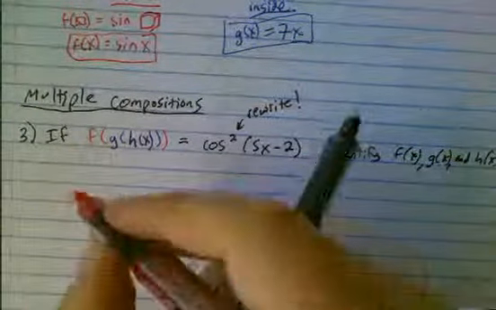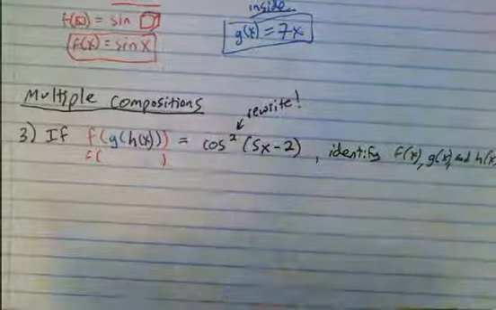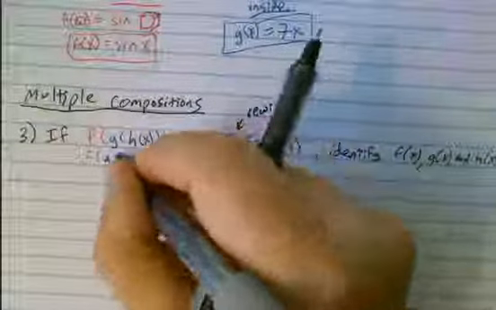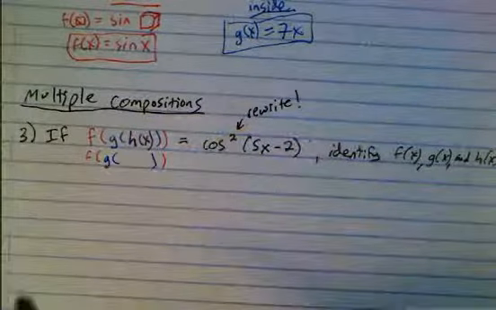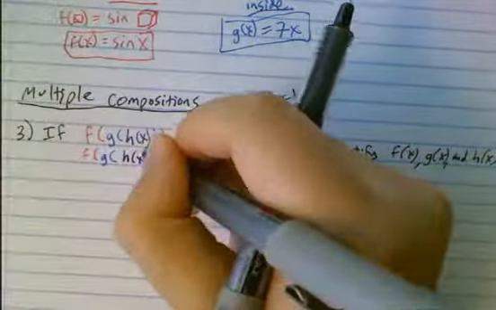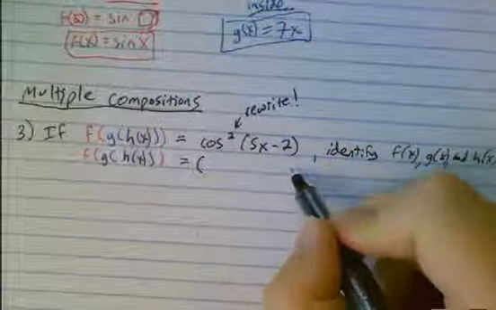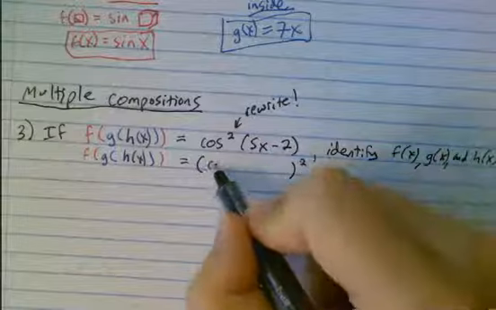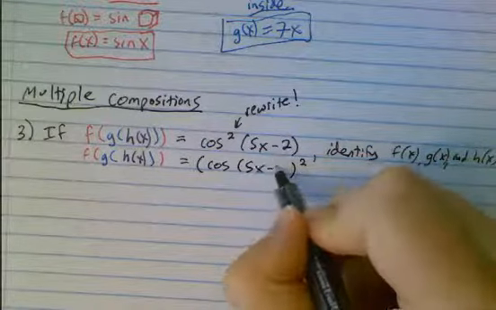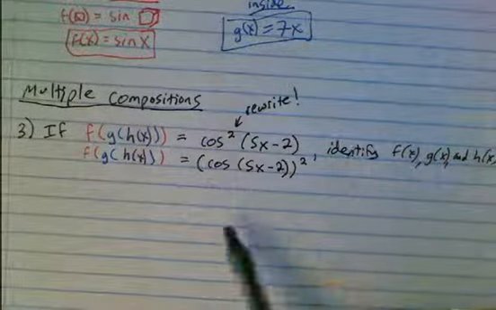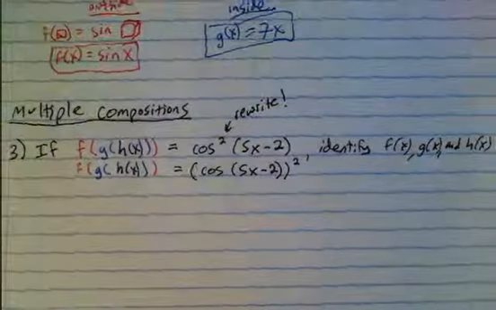This is the same thing as writing f of g of h of x equals cosine 5x minus 2 whole thing squared.